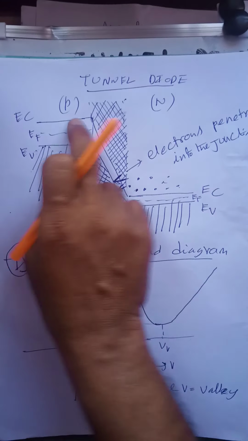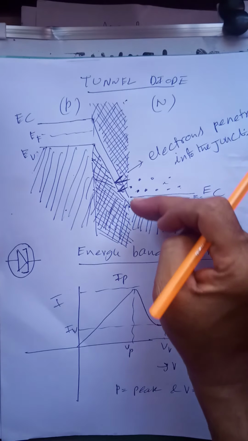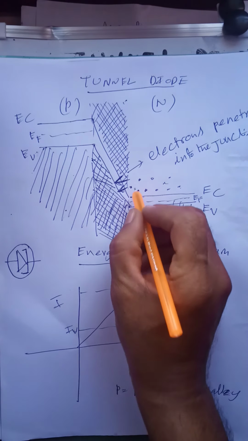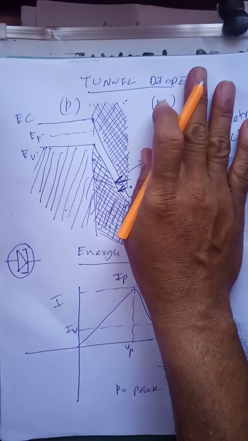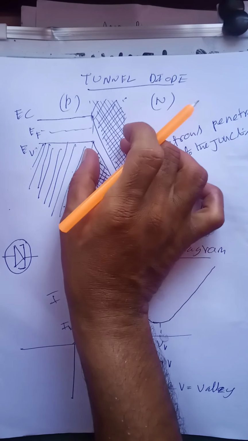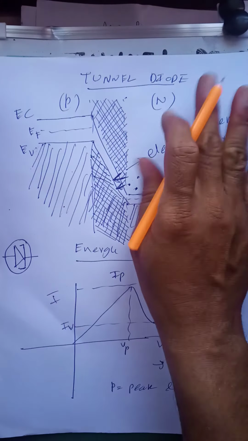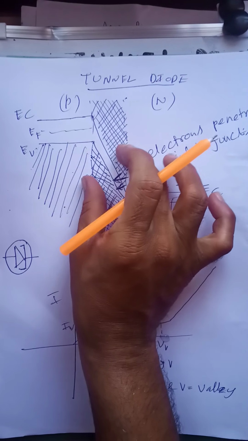So see the energy band diagram of the P side and the N side, with the valence electrons of the P side and the electrons in the conduction band of the N side. In the ordinary case, the depletion width is very high, but as the concentration is more, the width is becoming narrow.